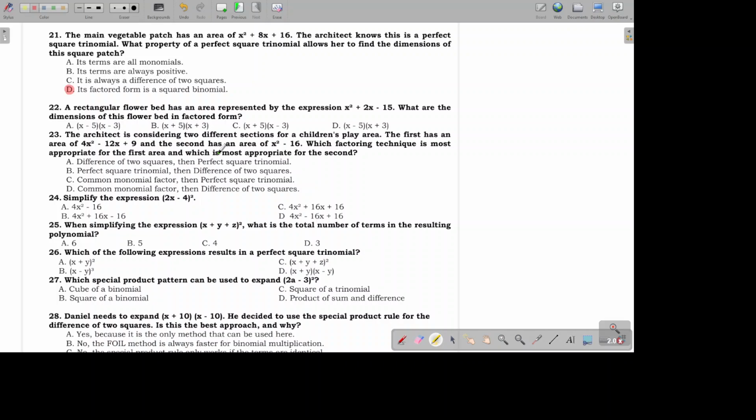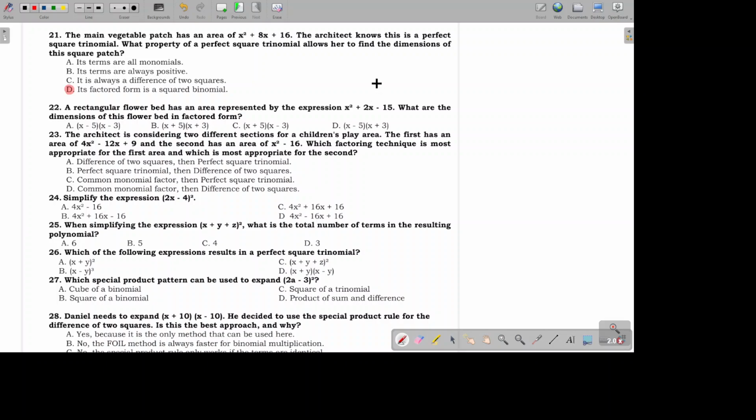Let's have number 22. A rectangular flower bed has an area represented by the expression x squared plus 2x minus 15. What are the dimensions of this flower bed in factored form? So for us to factor a general trinomial, we just have to look for the factors of negative 15, which is the last term, that adds up to the coefficient of the middle term. So what are the factors of negative 15 that sums up to 2?